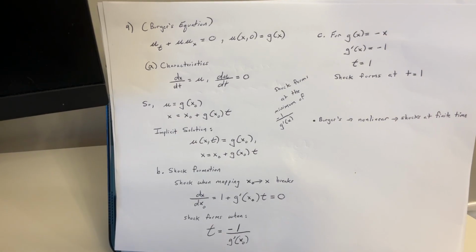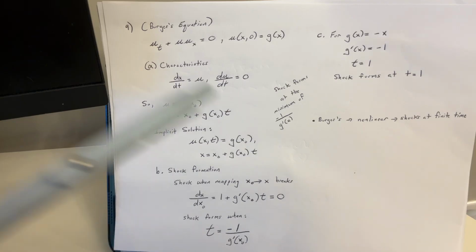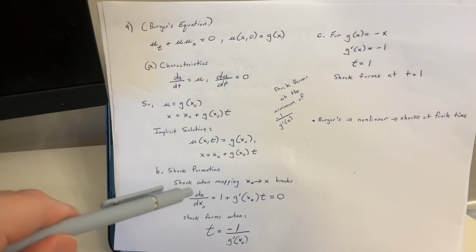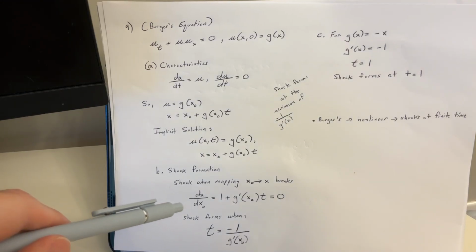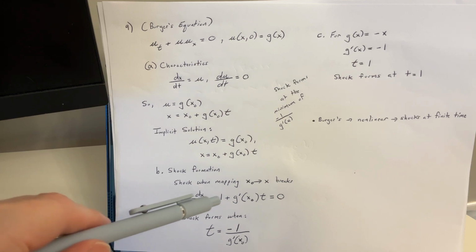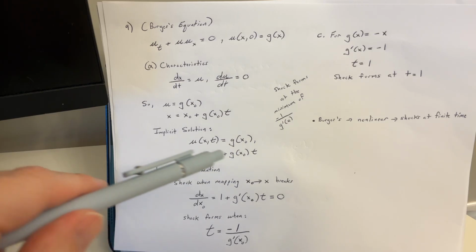Now for part B, the shock formation, let's see what we have. A shock occurs when the mapping from x naught to x breaks. So if we take that derivative, dx with respect to dx naught, think about what we'll get here.